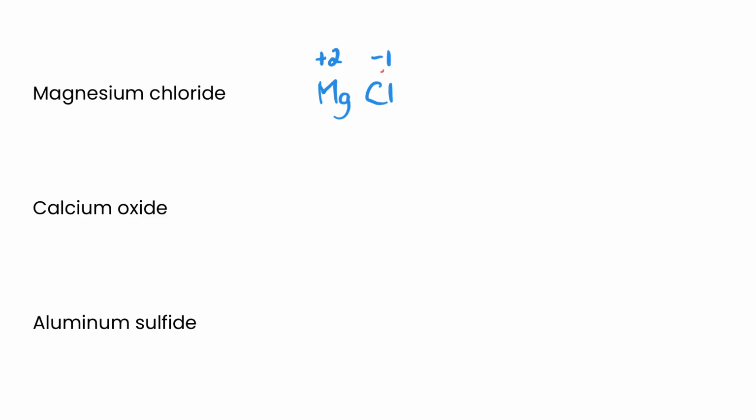So from here, we want to take those numbers and crisscross them down to the subscript position. So that's going to create Mg1Cl2. And then we want to get rid of any 1s or reduce it down. So we're just going to get rid of that 1 there because it doesn't make sense to leave it in. So the formula for magnesium chloride then is MgCl2.